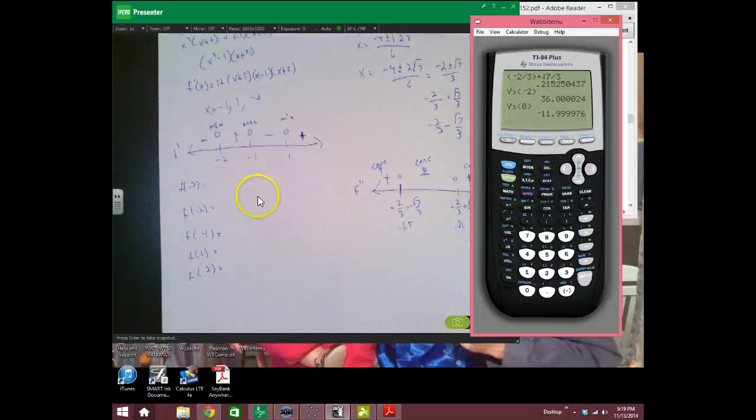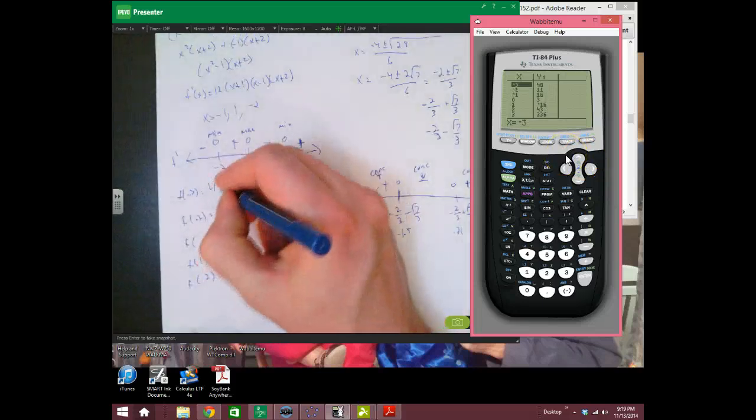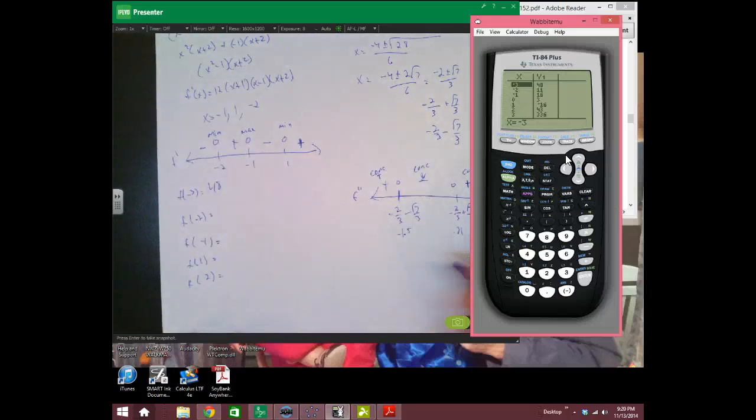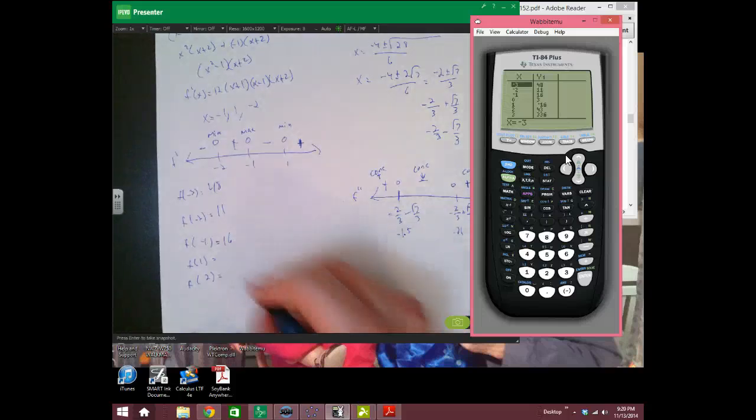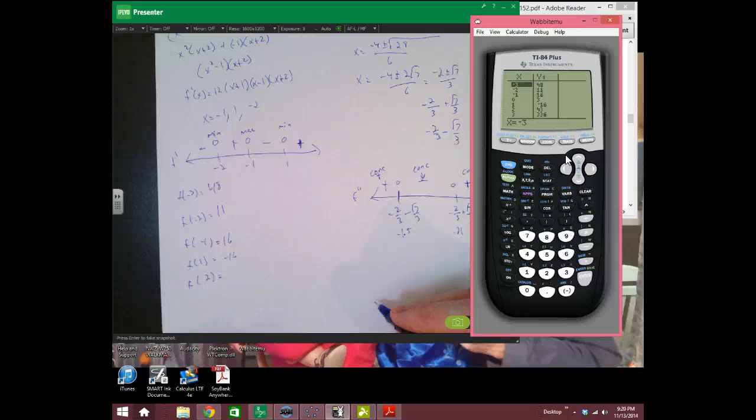So I've already got that in y1, so I can just simply do variables y1. Actually, the easiest way to do this is let's go to our table. We've already got everything stored in y1. So y1, scroll up to, at negative 3, it's 48. Negative 2, it is 11. Negative 1, it is 16. 1, it is negative 16. And 2, it is 43.